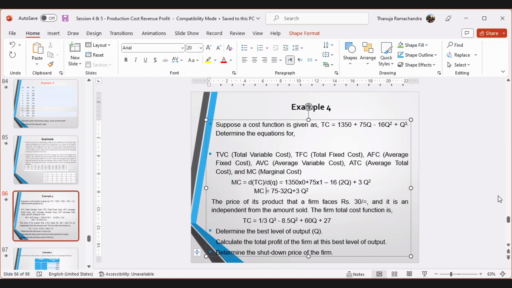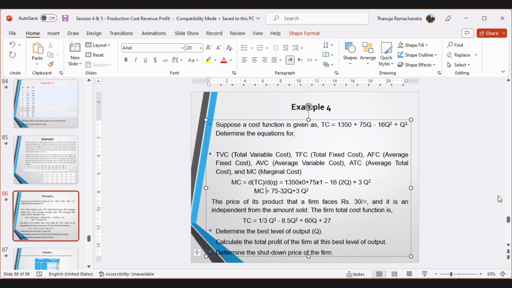What do you mean by best level of output? Various Q, we can produce 10, 20, 30 and so on. What is the best output level? How do we decide that? Maximum output level, that is the best output level.